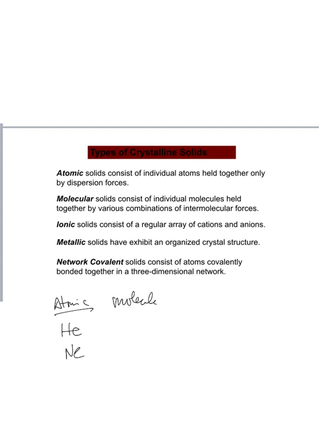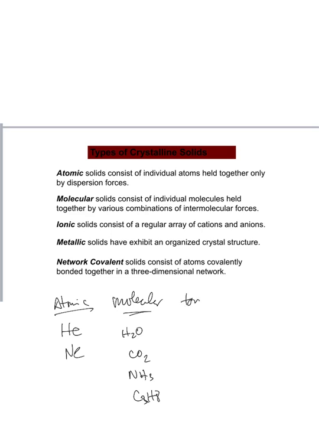Molecular solids are individual molecules held together by a variety of forces. You can think of water or CO2 or ammonia, or propane. These are all individual molecules that condense into crystal structures in which each of the lattice points is not an atom, but a molecule.